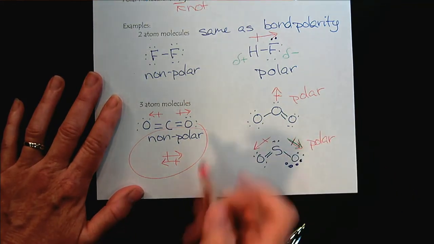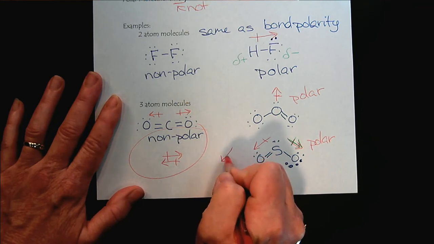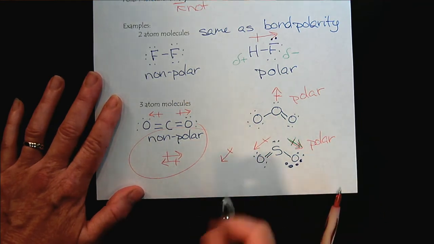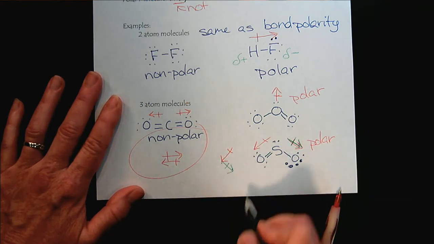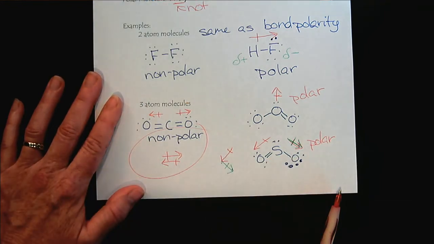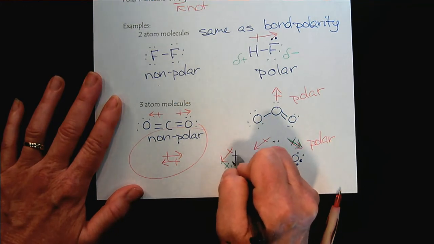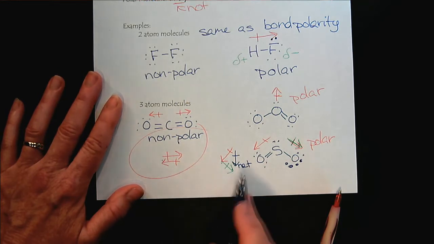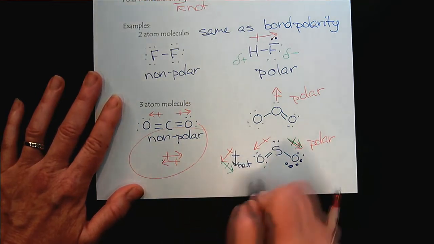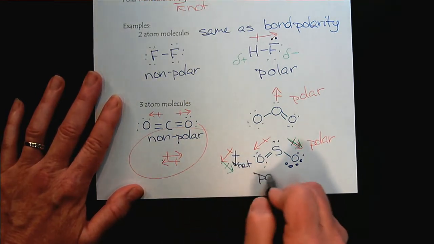So I do the red arrow, and now from the tip of the red arrow I draw the green arrow. Now we see that we have a net dipole, that we didn't get back to the beginning. So anytime we have a net result, that's why it's considered polar.